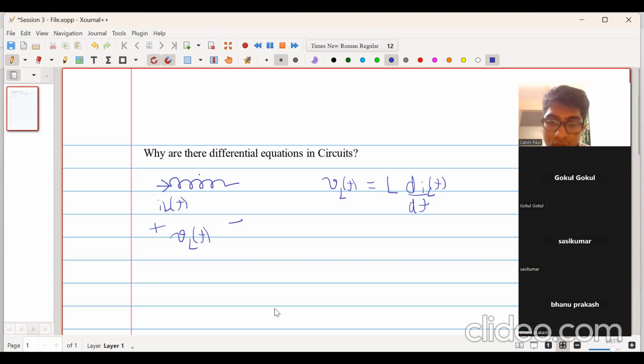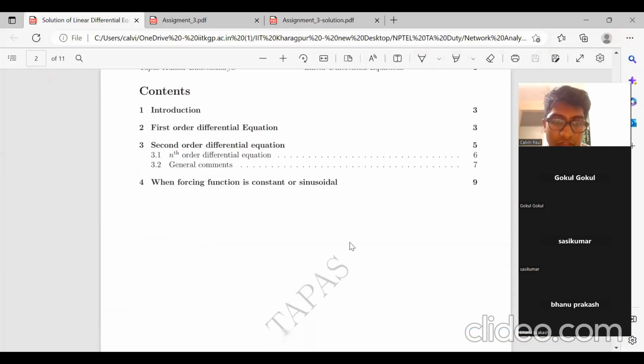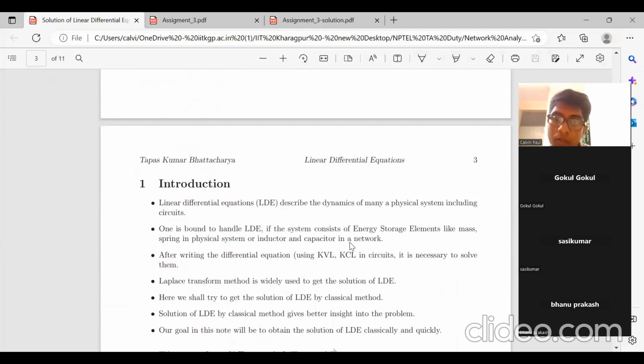Now we will have the introduction. When we write the differential equations using KVL, KCL, mesh analysis or nodal analysis, which we have done, we get the circuit in terms of differential equations.